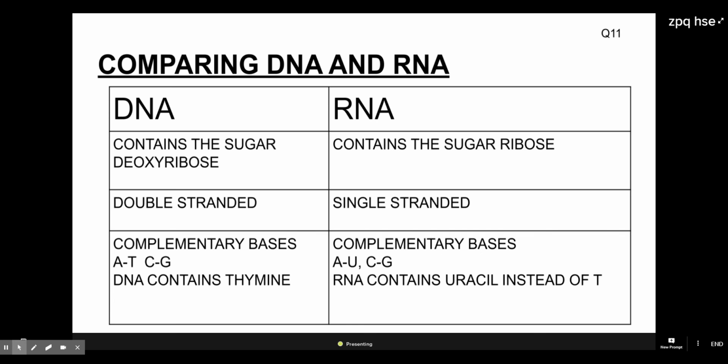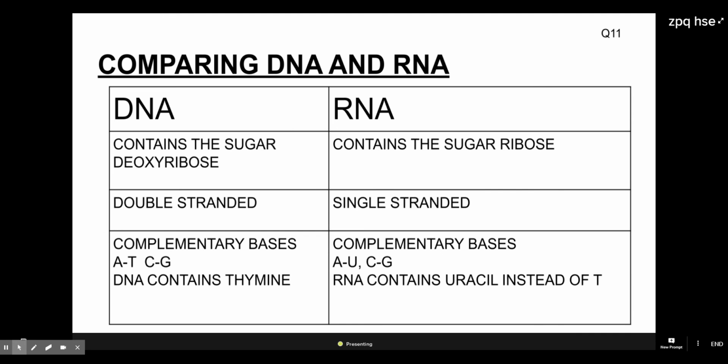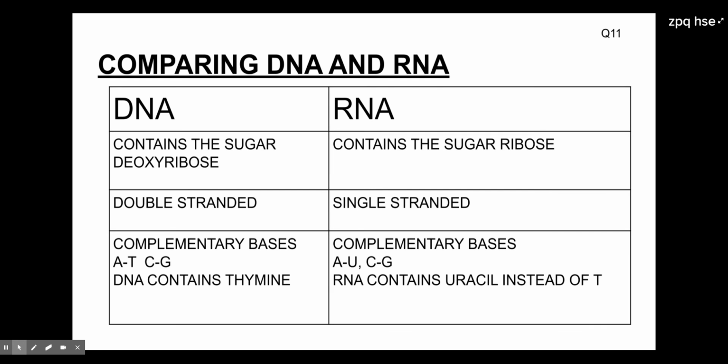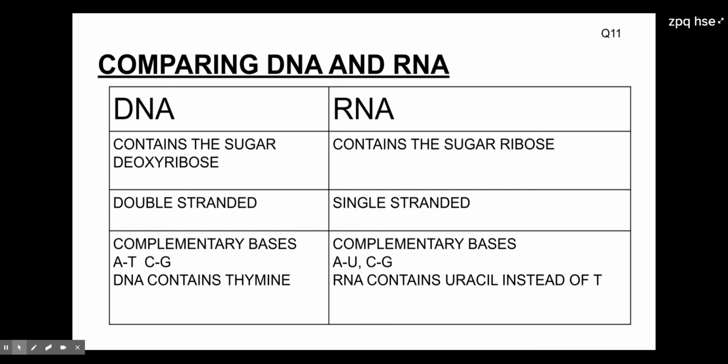So DNA can contain thymine, RNA contains uracil. And most of you should remember this from the last section. We did the same chart then.